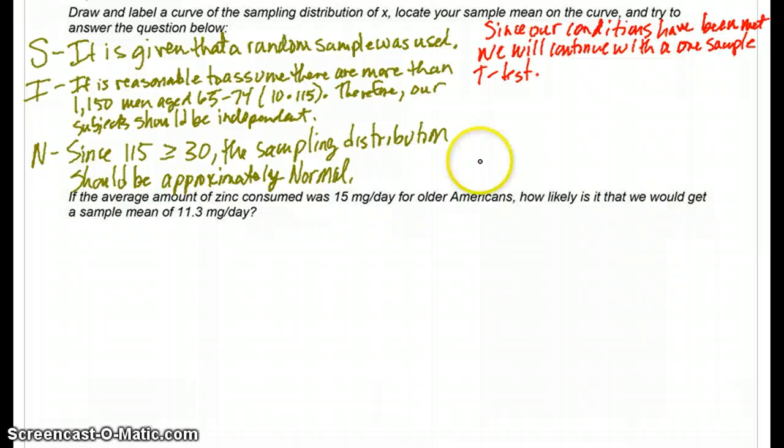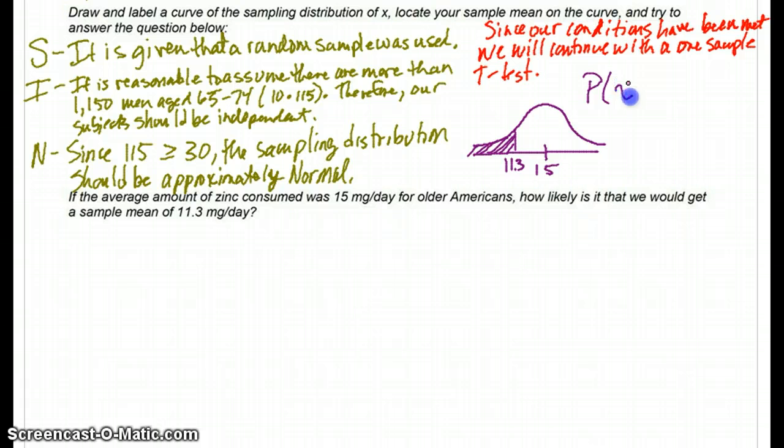And now, don't forget our beautiful picture. And our probability statement. We have 15, 11.3, shade to the left, which means I write my probability statement as, what's the probability that this one sample, or a sample with a mean of even lower than this, would happen in our sampling distribution?